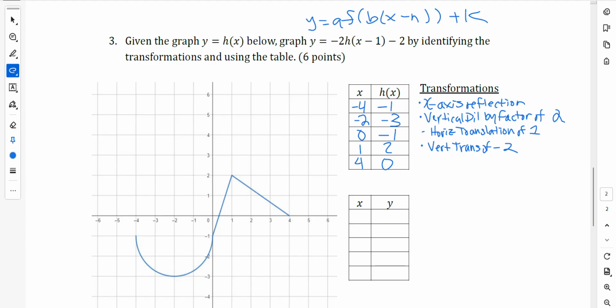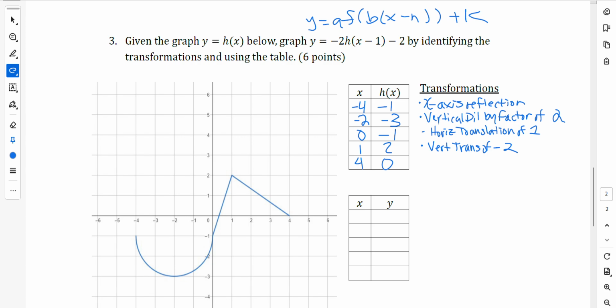which transformations am I going to apply to my x value? Would it be the -2 or the -1? Yes. That horizontal translation of 1 is going to affect those x values.